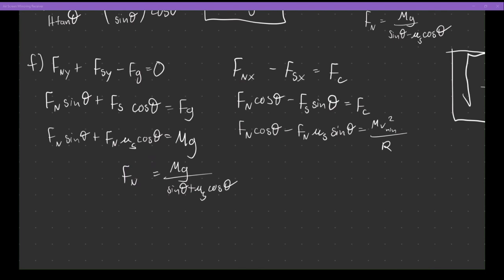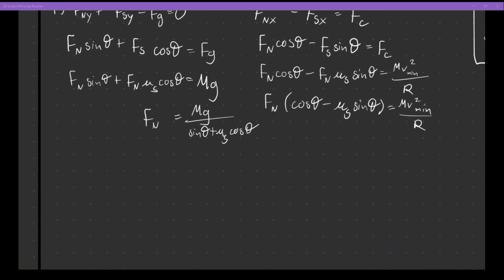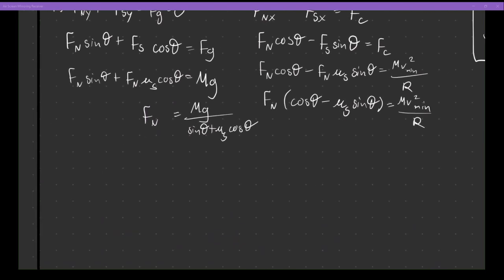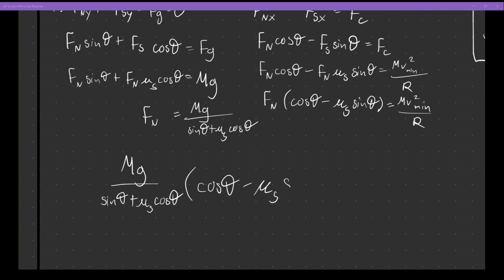I can factor out f of n, so I'm left with cosine theta minus mu s sine theta. Now I can just plug in my f of n that I got over there, so I get mg over sine theta plus mu s cosine of theta, all of this times cosine of theta minus mu s sine of theta, equals big M v squared min over r.